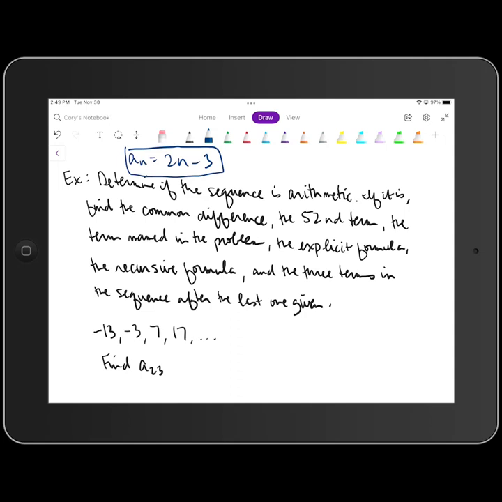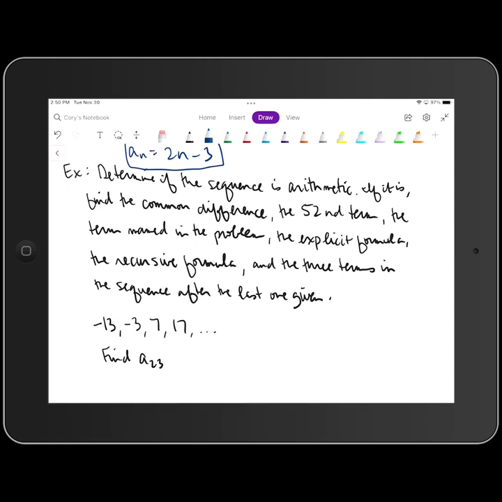Okay, and the sequence that we are given here is the sequence containing the numbers negative 13, negative 3, 7, and 17. And then the problem asks us to find a of 23, which is the 23rd term in the sequence. So let's attack this problem going in order.